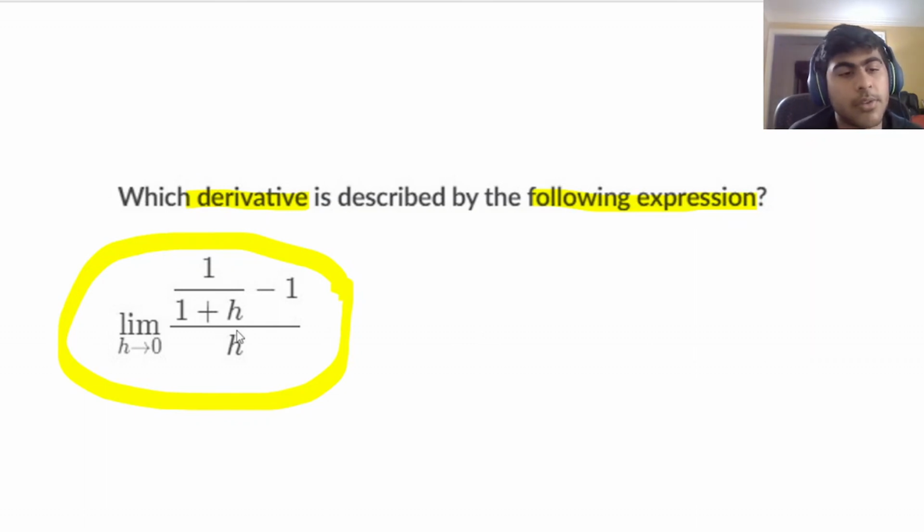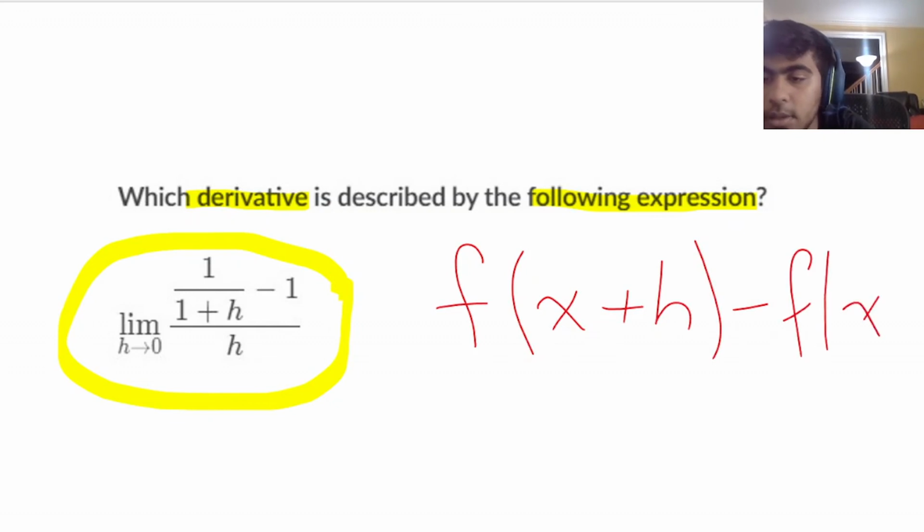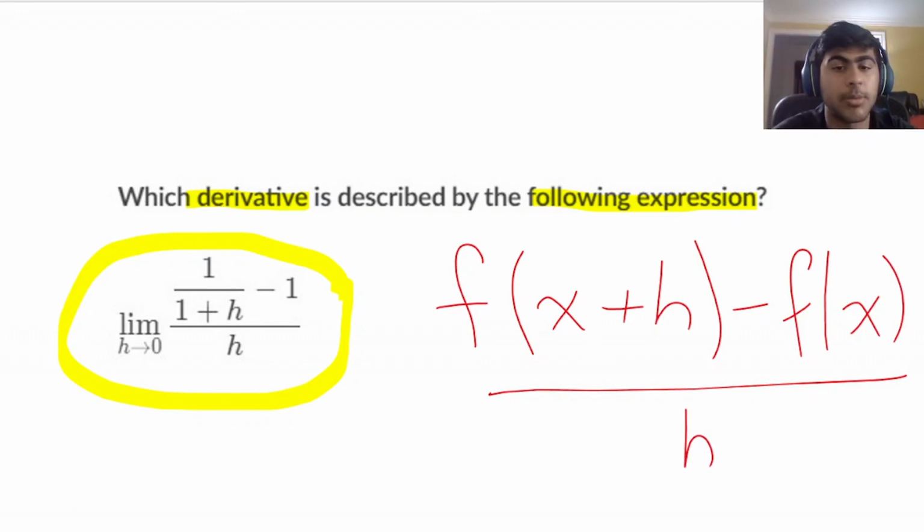Now, this type of the difference quotient is where we use f of, say, x plus h minus f of x over h as h approaches 0. Right, now in the next step we're going to look at the other type, but for now let's look at this.